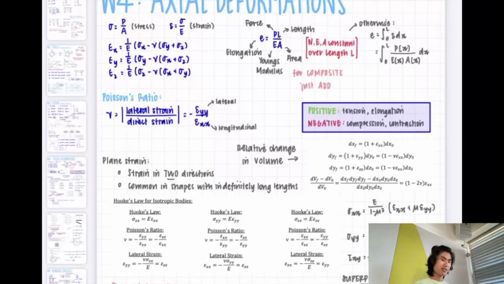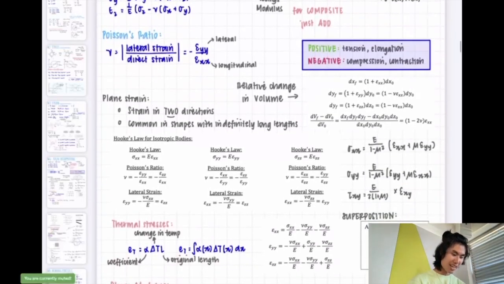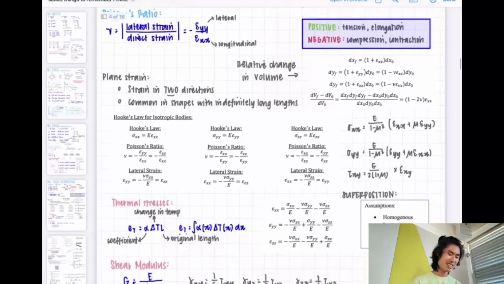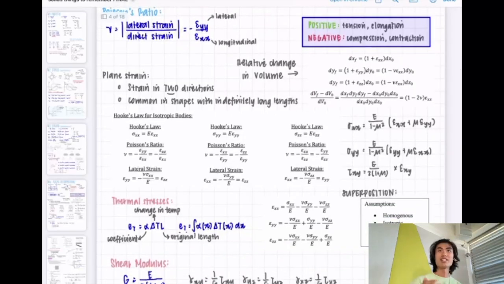You have Poisson's ratio, which is lateral strain over direct strain, the ratio of the strains laterally and unilaterally. These are the formulas associated with this topic. They're mostly all formulas, so don't get scared by it. They all relate to each other in some way, and they're all duplicates of each other.